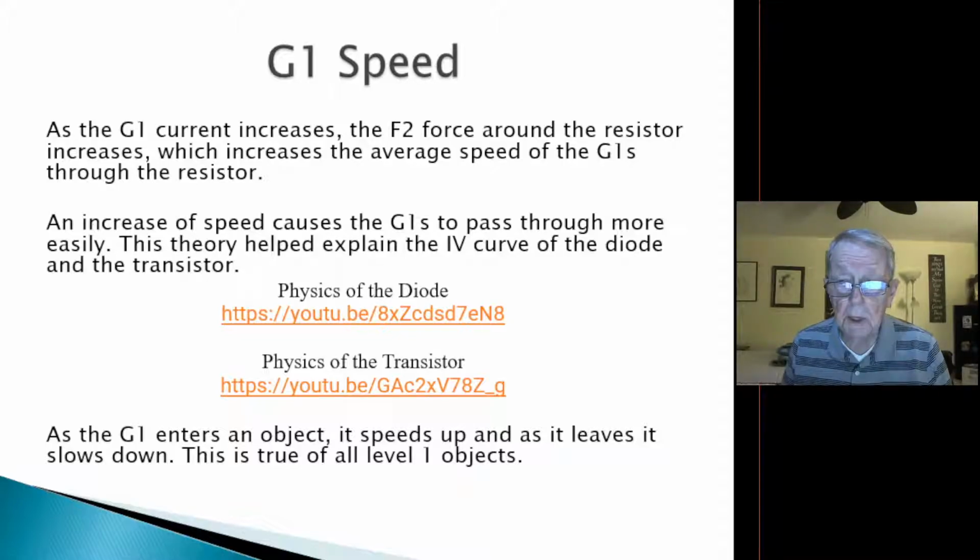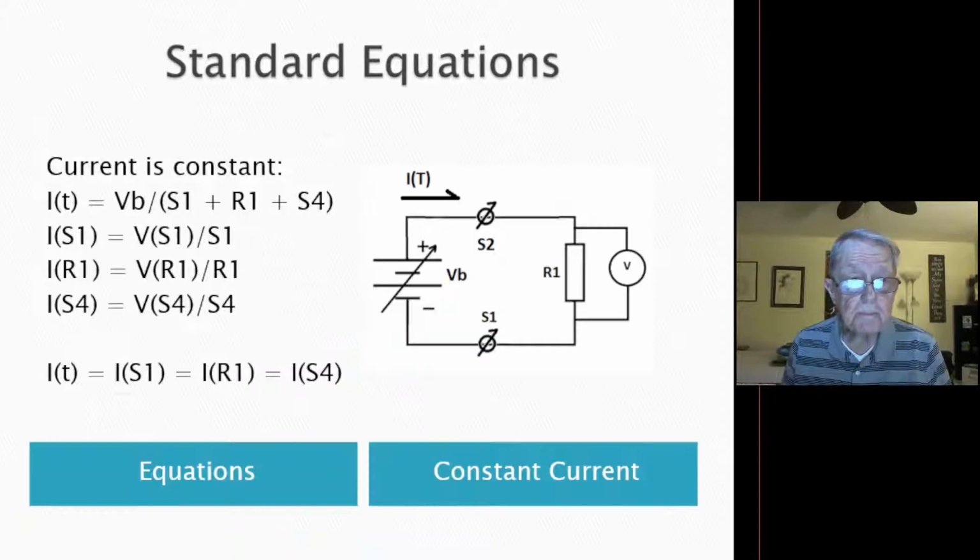Conceptually, I haven't done any math or any calculations with the diode and the transistor, but it explains the IV curves quite well. And in general, as the G1 enters an object, it speeds up, and as it leaves, it slows down. This is true of all objects, including my own body, as these particles pass through me.